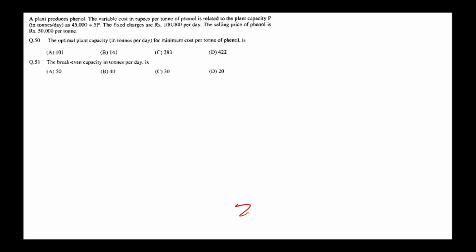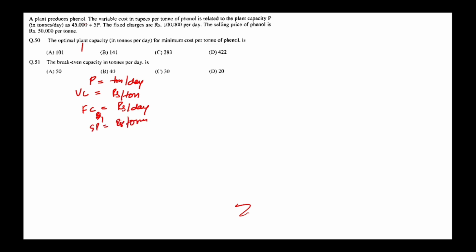Very first, note that P is in ton per day. Variable cost is in rupees per ton. Fixed cost is in rupees per day. And selling price is in rupees per ton.